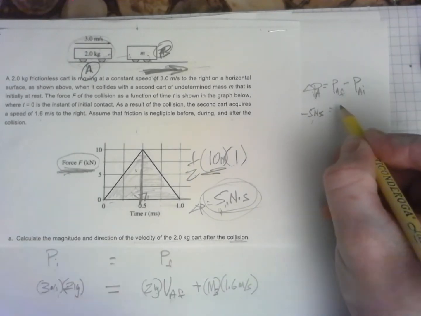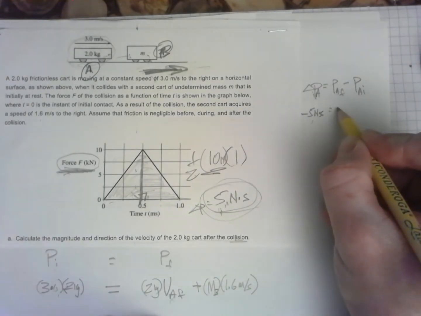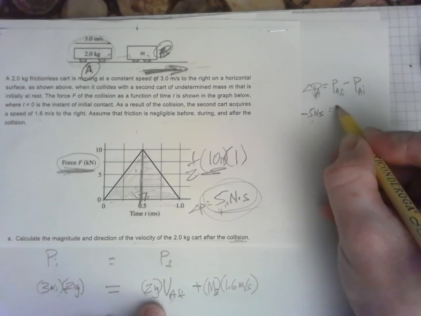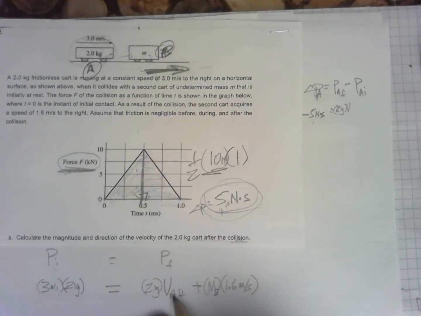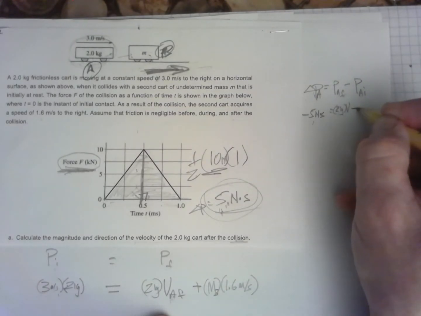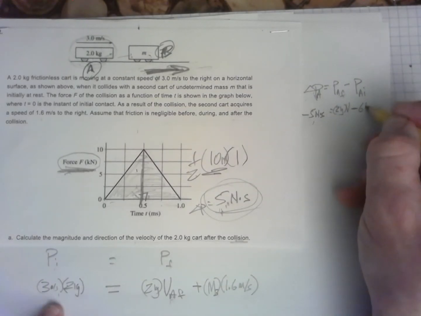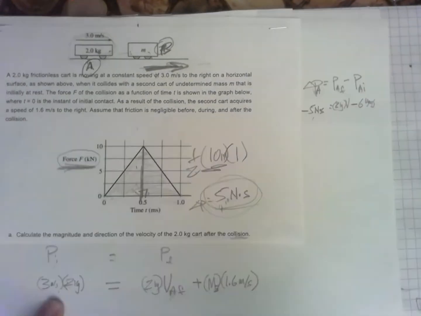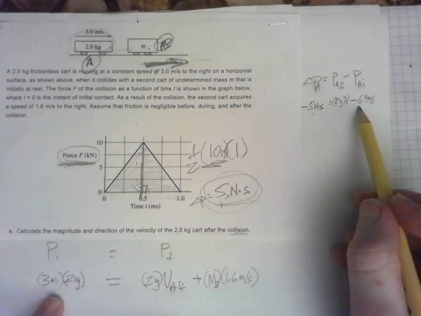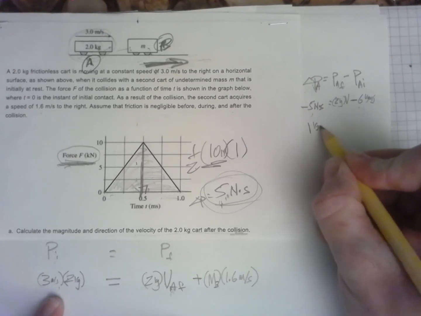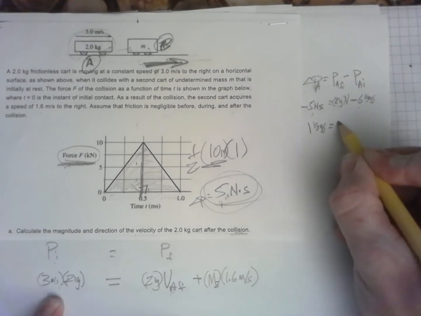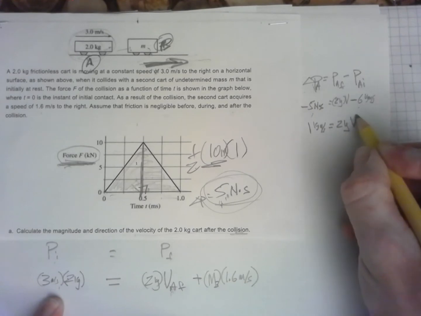The final, I don't know. I just know it's still a 2 kilogram object, but I don't know that velocity. That's this right here. Minus the initial, which is 6 kilogram meters per second. So I'm going to add that 6 to both sides, and I'm going to get 1 kilogram meter per second is equal to 2 kilograms times the velocity of the A cart final.